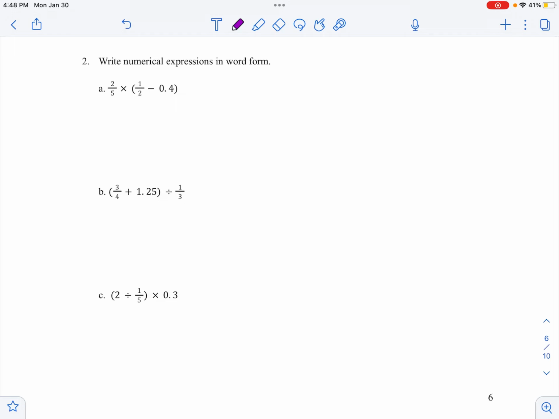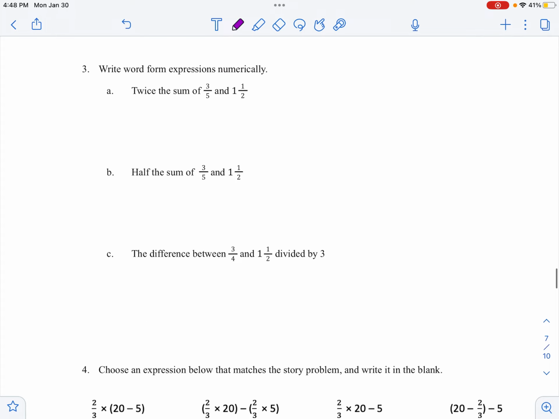So this problem says 2/5 times the difference of, and remember, when I write something like the difference of, I know that I must be subtracting those two numbers, 1/2 and 0.4. If I wrote 2/5 times 1/2 minus 0.4, I wouldn't be specifying the order of operations.